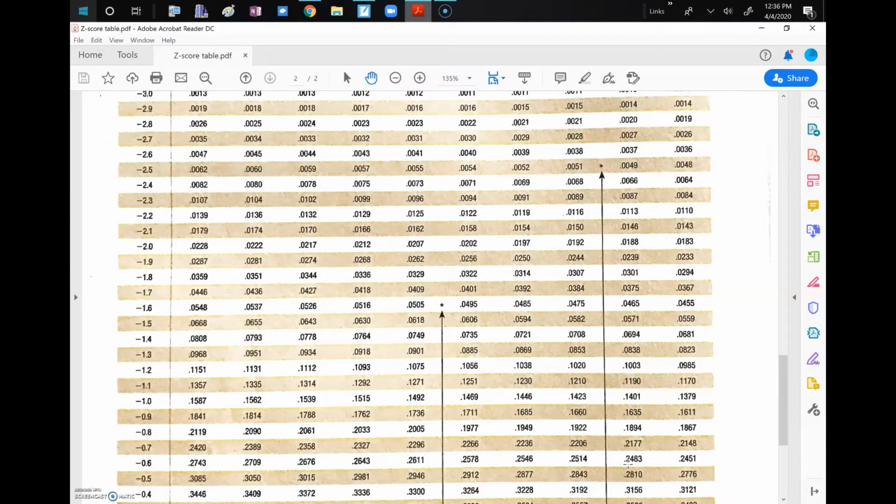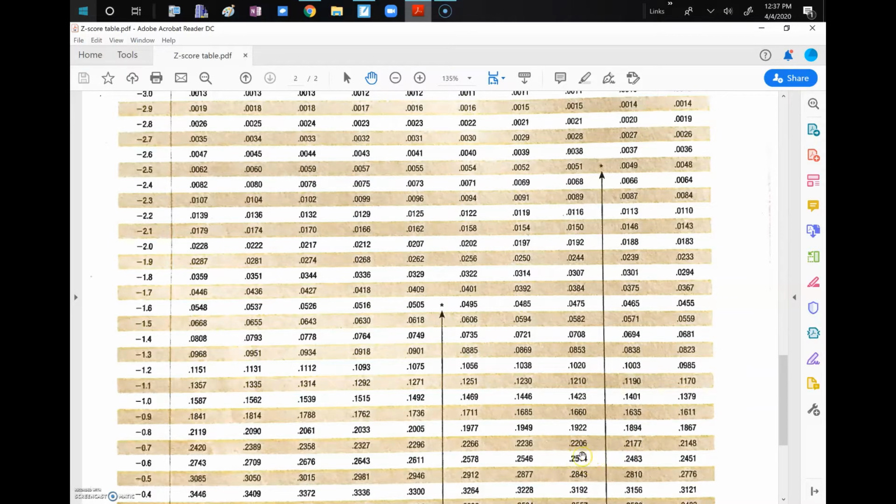If I take 0.25 and subtract this number I see here, 0.2483, I get a value of 0.0017. If I take this other number and do 0.25 minus 0.2514, I get negative 0.0004. So the absolute difference, in other words, the smaller of those two numbers, regardless whether it's positive or negative, is the one I want to go with. In this case, the 0.0004 is closer than 0.0017.